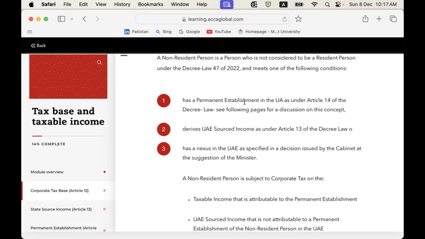All of those things could be permanent establishments. So a non-resident company may be situated in India, which has any of these things in UAE, that will be seen as a permanent establishment in UAE of that non-resident person, that Indian company, right? Yes. Then what would be UAE sourced income? What is the difference?